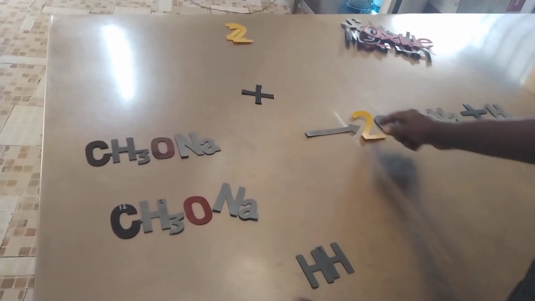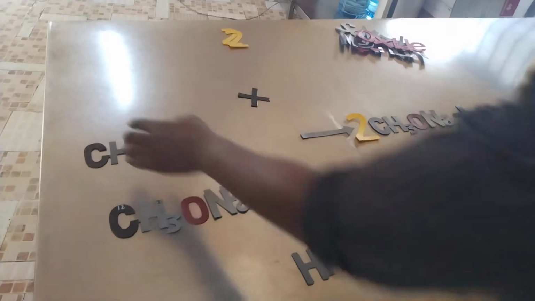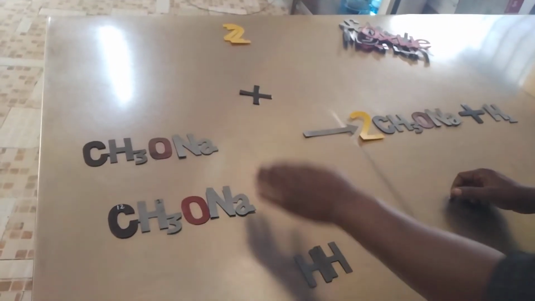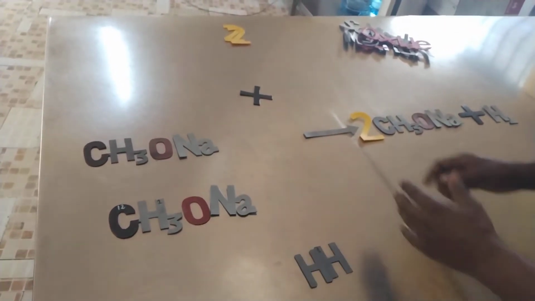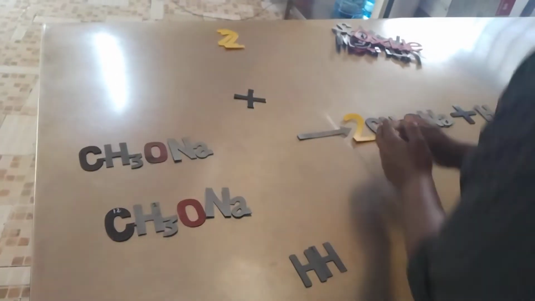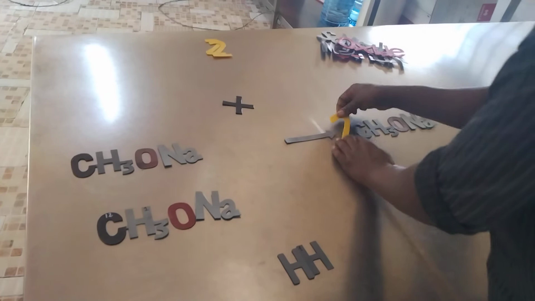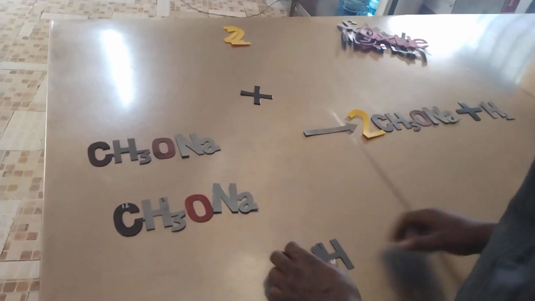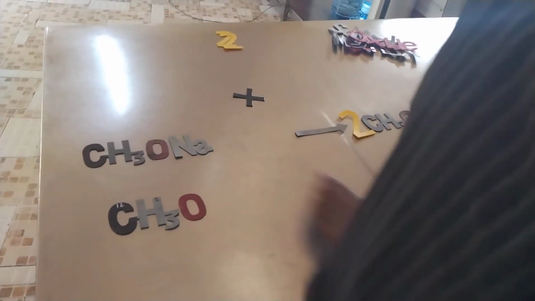So these two here are the two molecules that were formed from the reaction between methanol and sodium. So this 1, 2, it is a 2. It is representing these two here. We have this molecule here.